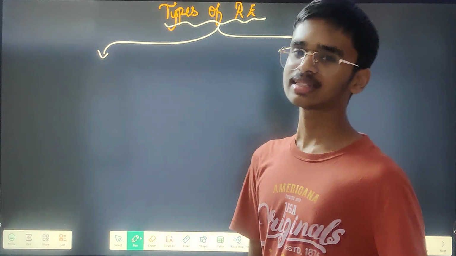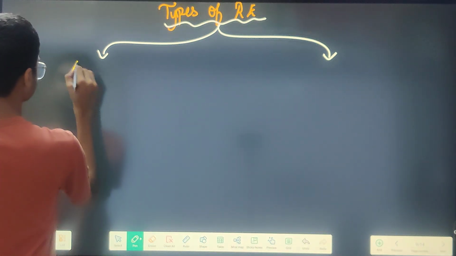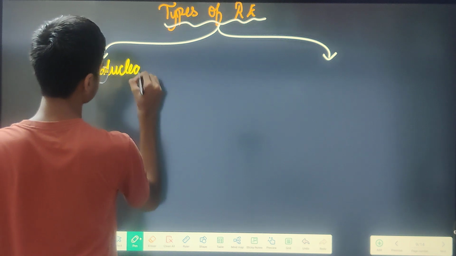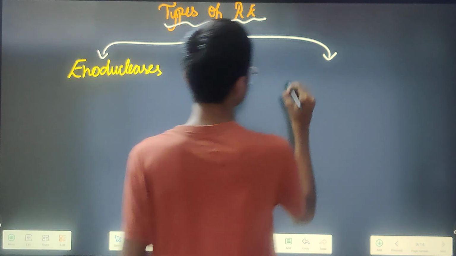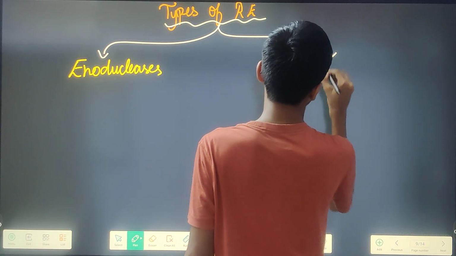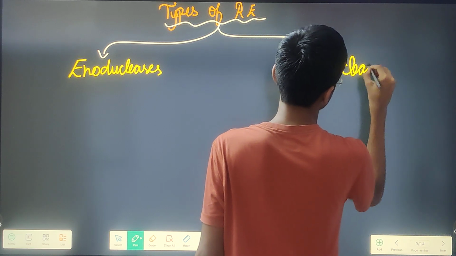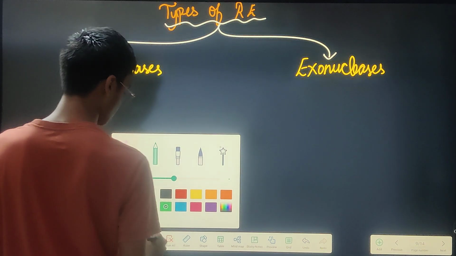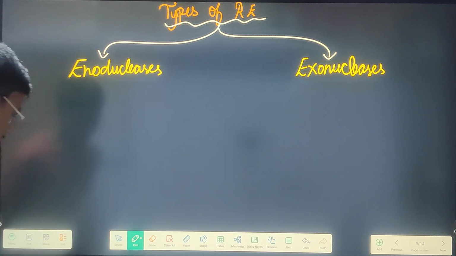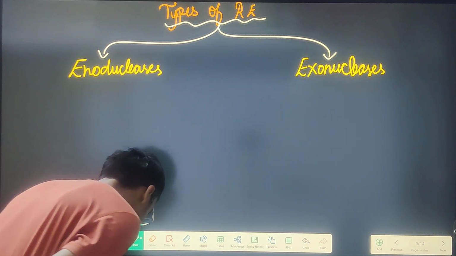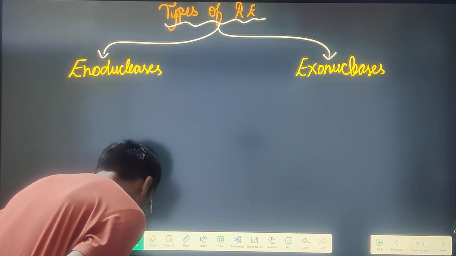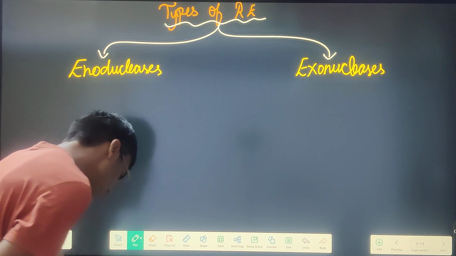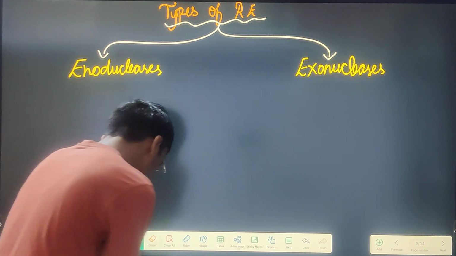I'm going to give you the examples. Endonucleases and exonucleases. Coming to the examples, we have a few that are very common, and we also have nomenclature.